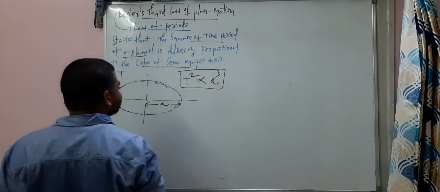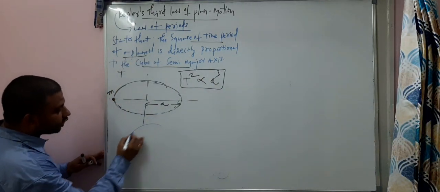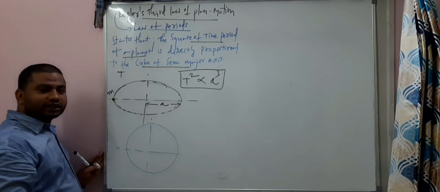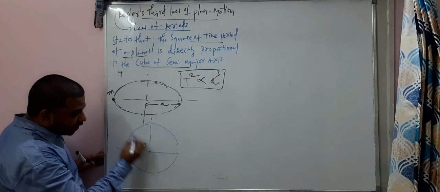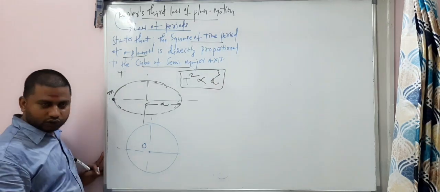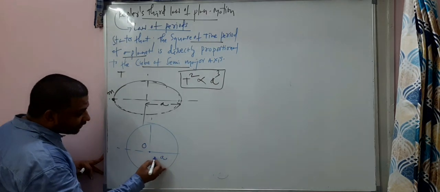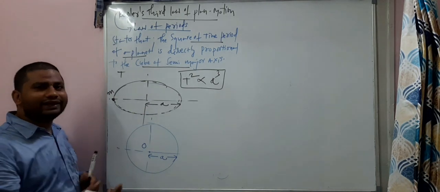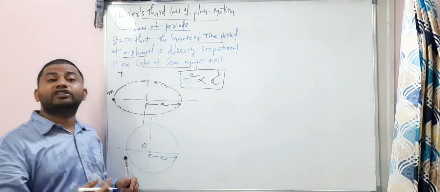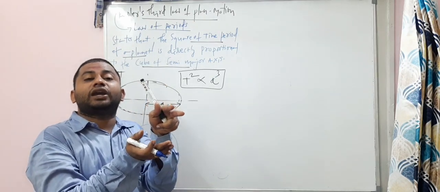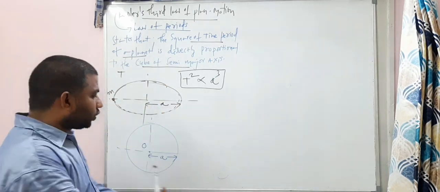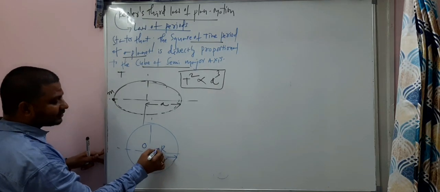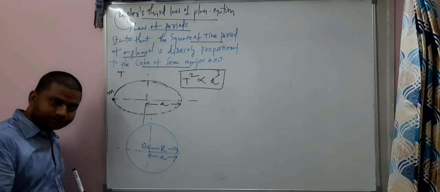For your better understanding, my dear students, if I draw a circle here, this is the midpoint of the circle, and this is the semi major axis here also, because an ellipse is nothing but a circle which is compressed and became the oval shape. So this is the semi major axis, and this semi major axis is nothing but the radius, right?